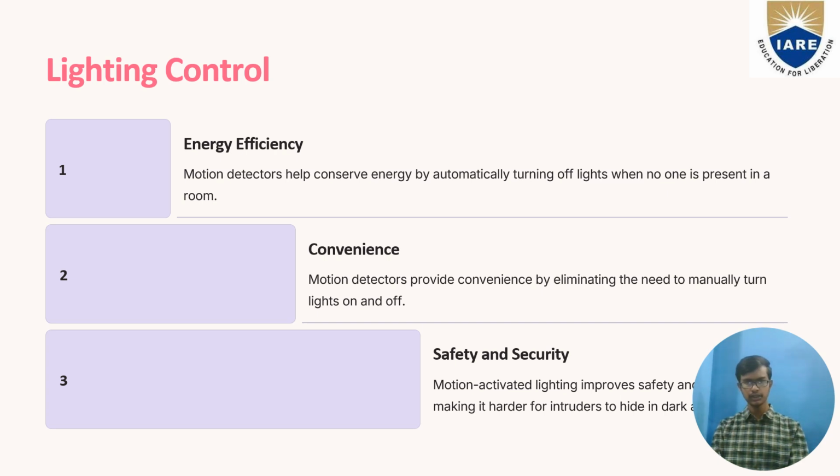Many motion detectors provide convenience by eliminating the need to manually turn switches on and off, and this is the convenience we all have if we have such detectors. These detectors also ensure a lot of safety and security for us in case of any emergency.